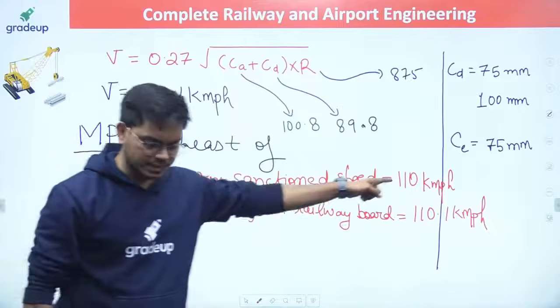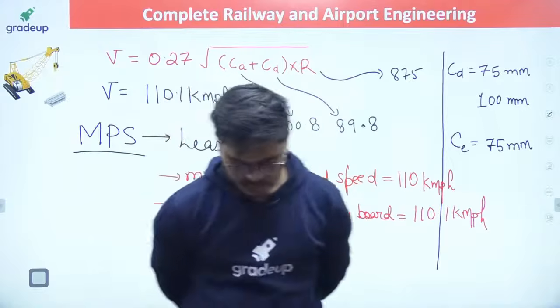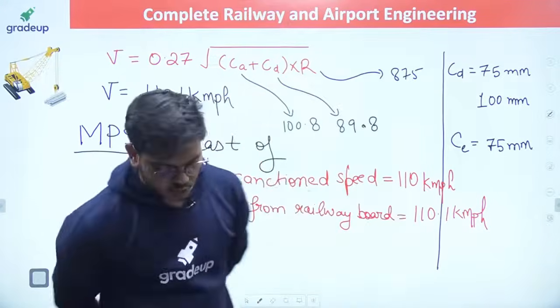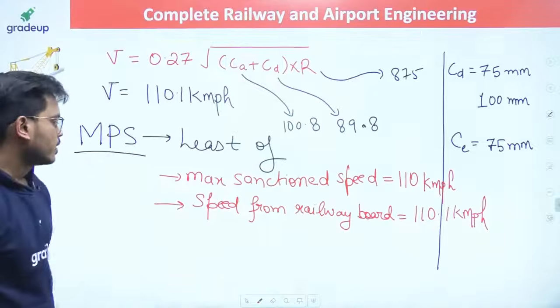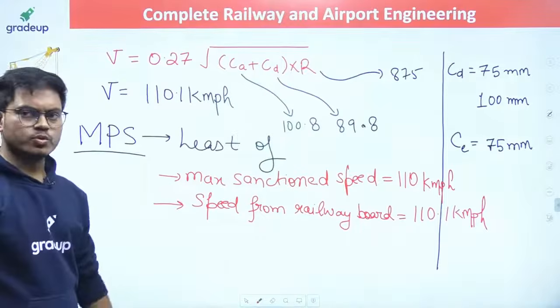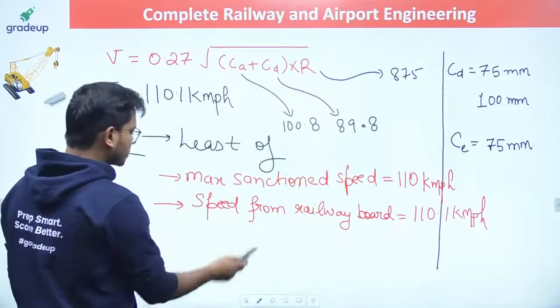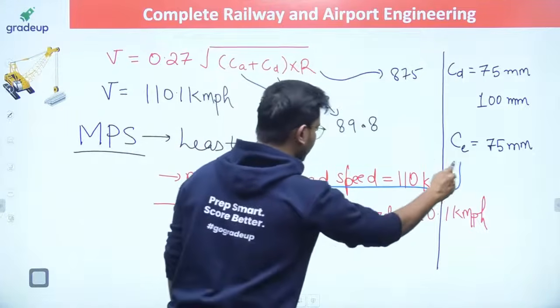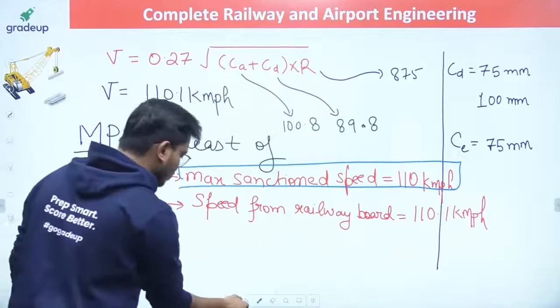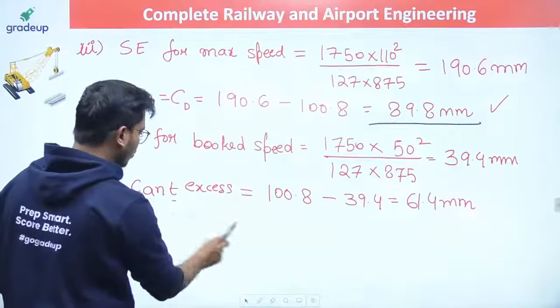Correct? Tell me values. Correct. So guys, please see here, we have to choose the least of these two. So the least of these two is this. So our maximum permissible speed will be 110 kmph.